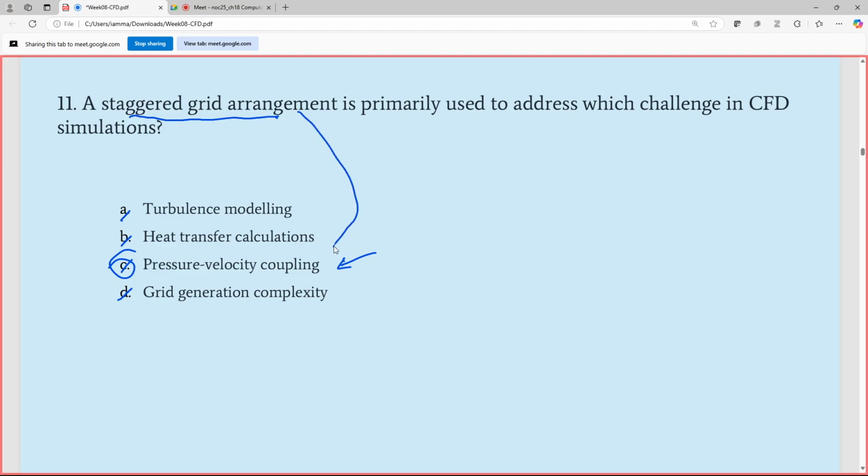Staggered grid arrangement is used to solve the pressure velocity coupling issue in CFD, where pressure and velocity are kept in staggered conditions, located in alternate sets. It is an alternative arrangement of storing pressure and velocity.